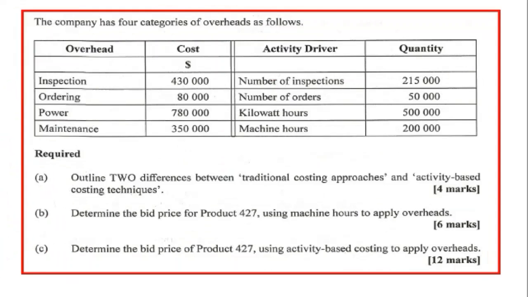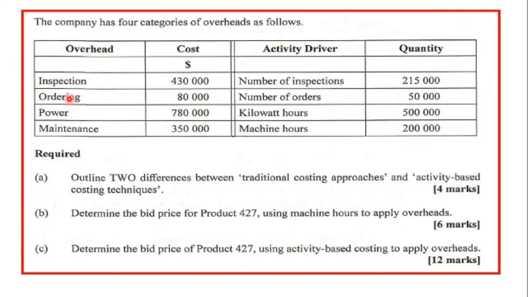The additional data: the company has 4 categories of overheads as follows. On this side we have the overhead costs, and here we have the activity driver or the cost driver and the quantity, the number of times.